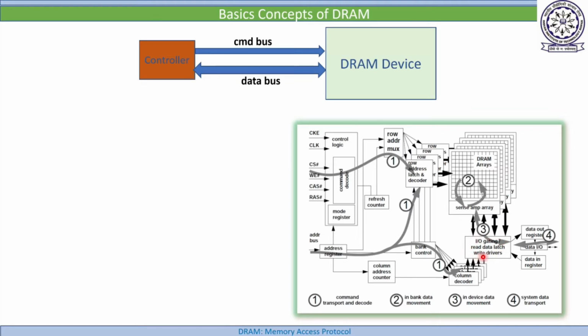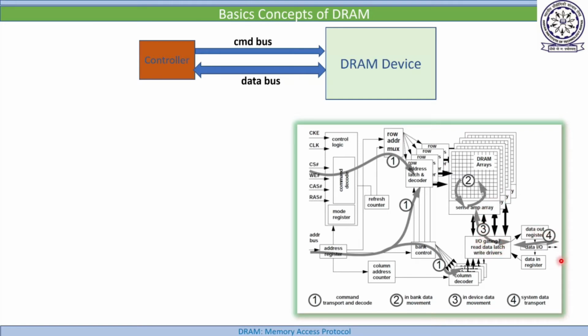As I said in my last lecture, in a particular chip there are multiple banks, and all the banks share a common bus to send data, so this input output device is common to all the banks. But each bank has its own sense amplifier. The sense amplifier is individual for each bank, but all these banks share this input output device.